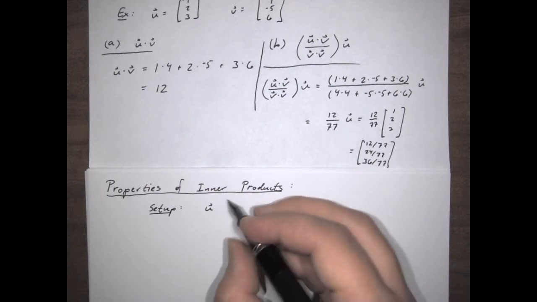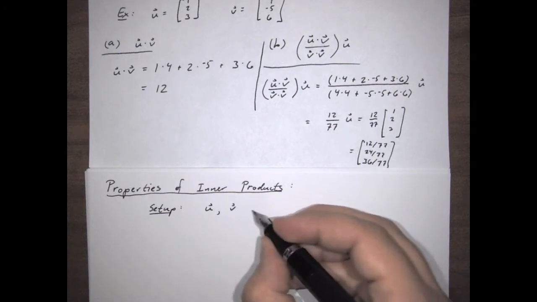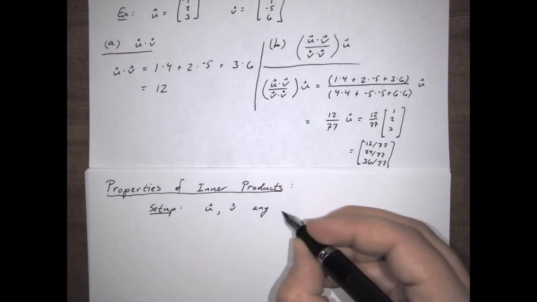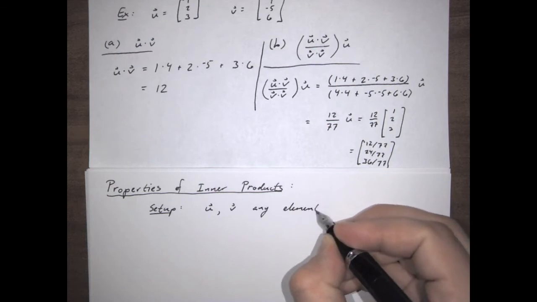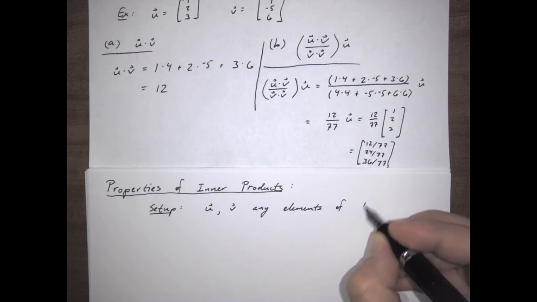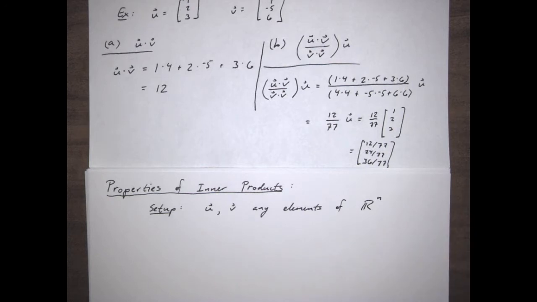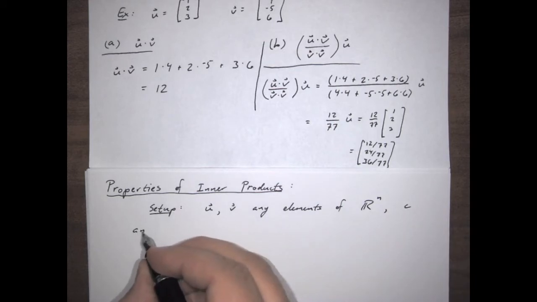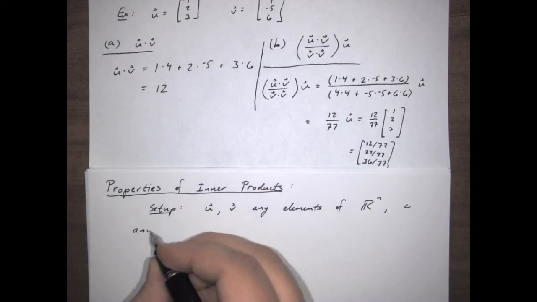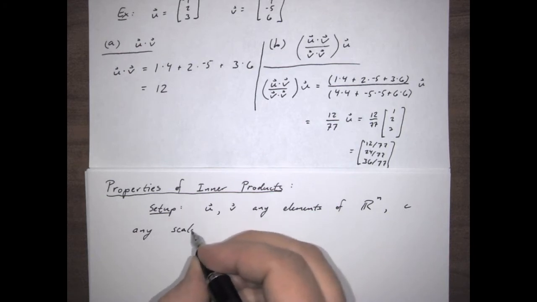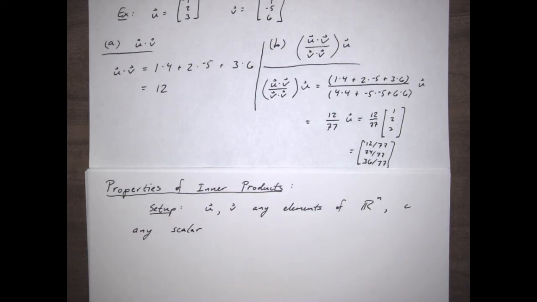Just gonna have U and V are any elements of Rn, and C is any scalar. Alright, and here come our properties.